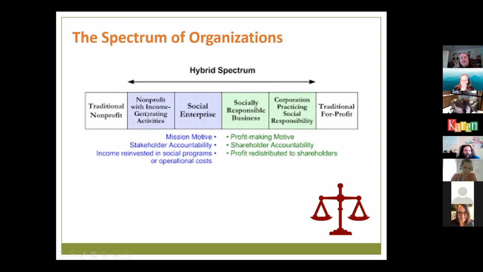So then on the nonprofit side, we have the social enterprises. Heartwood Resources is its own nonprofit. The whole entity is a social enterprise. But then we have nonprofits that might have an income generating activity like a thrift store. So what this spectrum shows is there isn't a right or wrong.